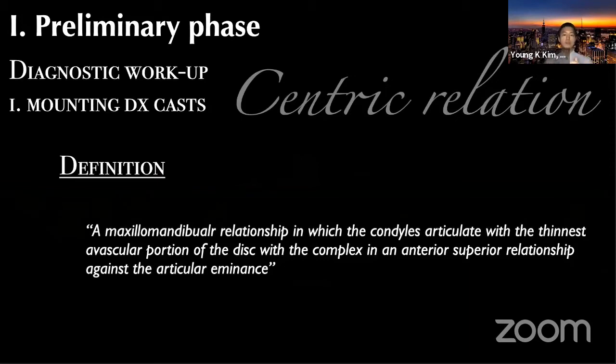Centric relation is a terminology where our condyle is in the most anterior superior position with the most repeatable rotational position. So in order to attain this rotational cue of the centric relation, we should perform deprogramming of the masticatory muscles. They should be free to go, and then you can perform this centric relation position in a repeatable position.